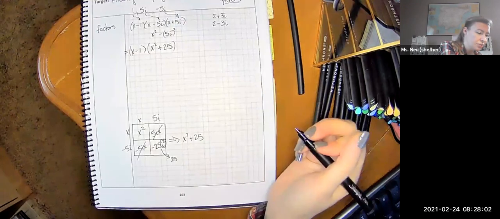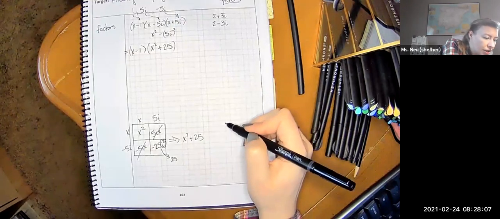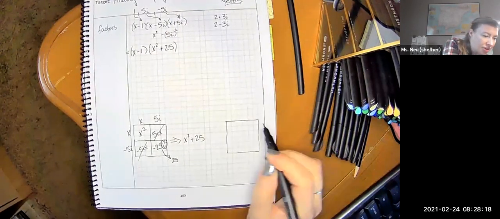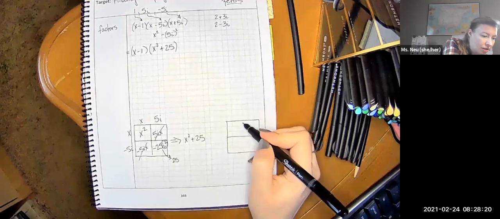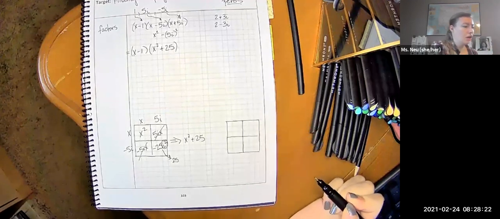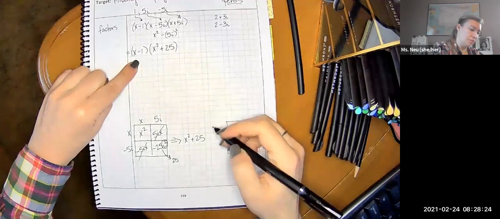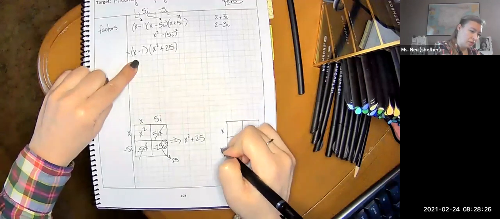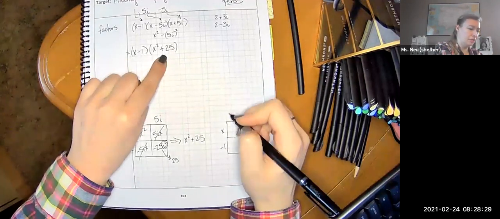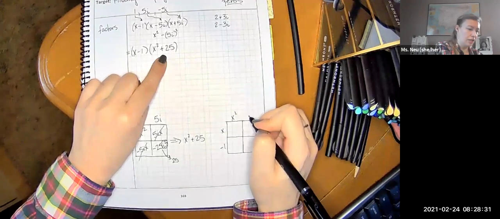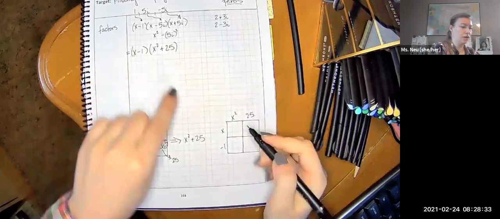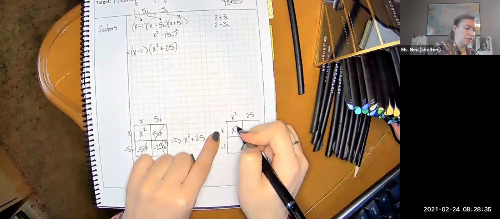I'm just going to do the box method one more time because if you like this and it works for you, then that's great. And I have nice, pretty graph paper. I mean, why not? Okay, so I'm going to start on one side with the x minus 1. And then the other side with the x squared and then 25.